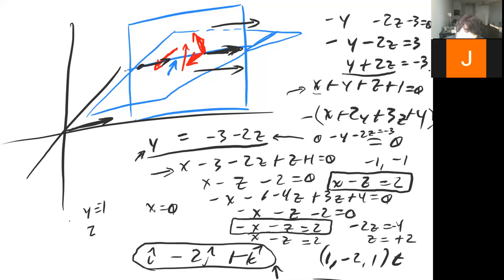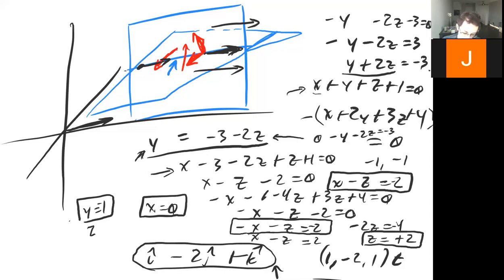So solving this lets you figure out, oh, sorry, these should be negatives, I think. Solving these gives you that z is equal to +2. It gives you y is equal to -1 and x is equal to 0. So you can go through the algebra yourself.